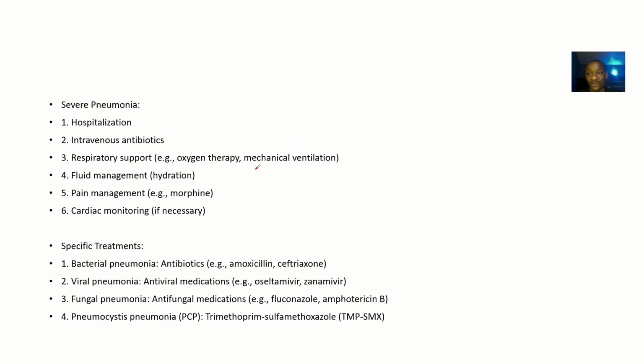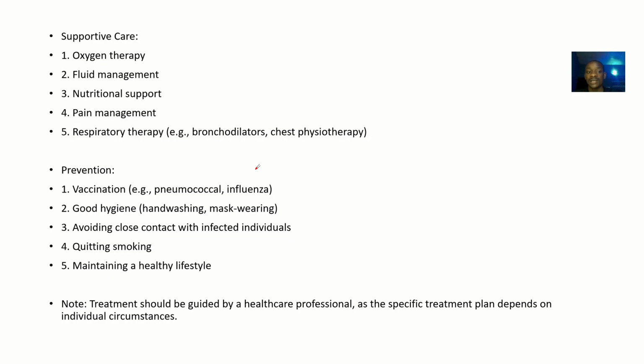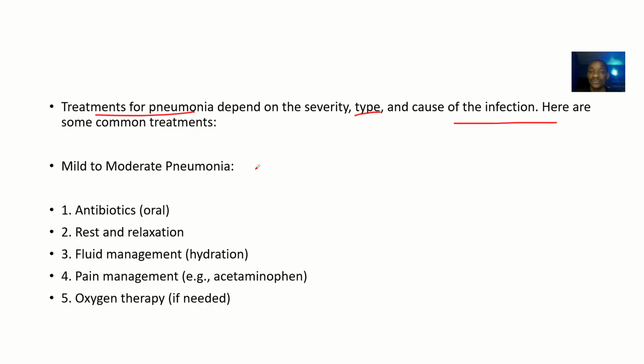Is it a severe one? There's different treatment for mild to moderate, and different treatment for severe. Then there are also specific treatments, for when you are able to identify the specific thing that caused the pneumonia. Also supportive care and prevention.